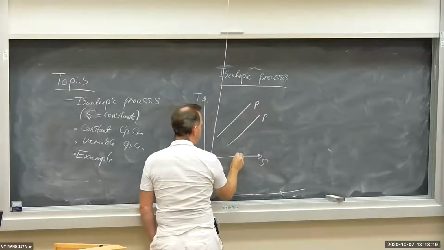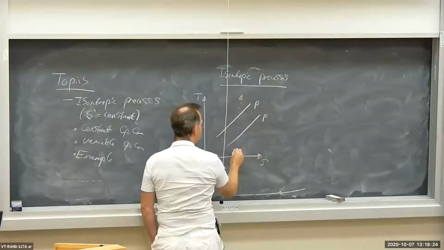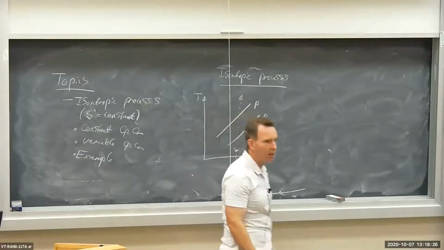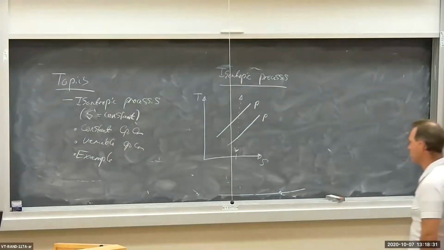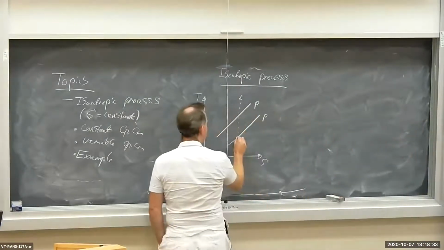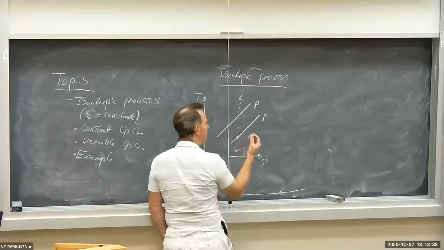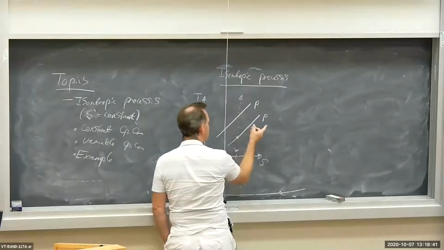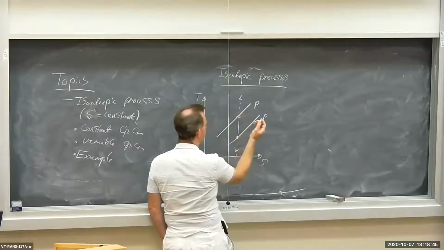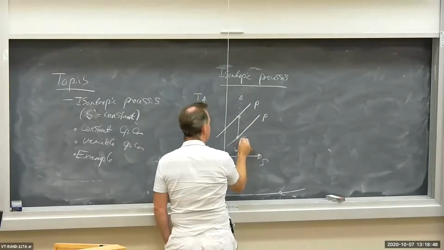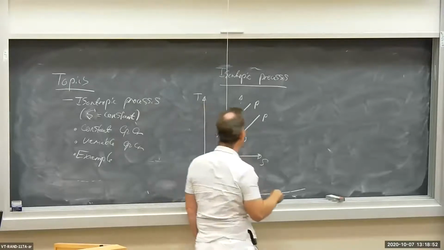Isentropic processes refer to a movement up or down vertically along a line of constant entropy. An example would be some sort of compression process going from some pressure to another pressure, or raising the temperature of a gas by compressing it and increasing the pressure going from state 1 to state 2.